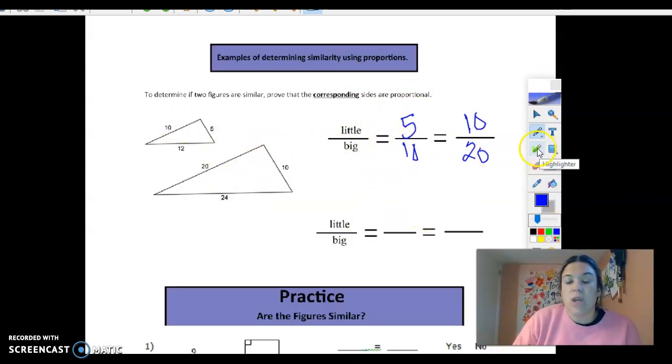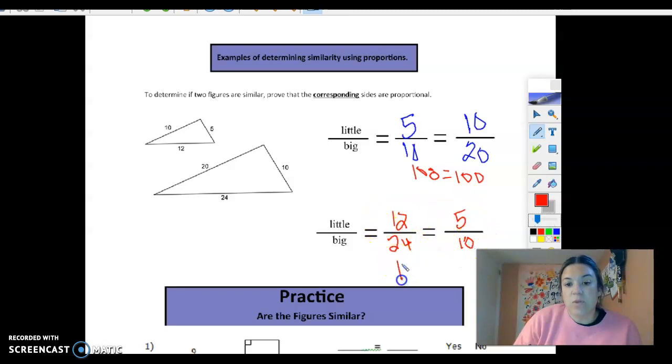So remember when we're figuring out if two fractions are equal to each other, one way is to cross multiply them. So 10 times 10 is 100 and 5 times 20 is 100. So those two fractions are similar. Now let's make sure that that third side is. So I need the 12 and the 24. And I can pick either one of the other sides now that I know that both of them are proportionate to each other.